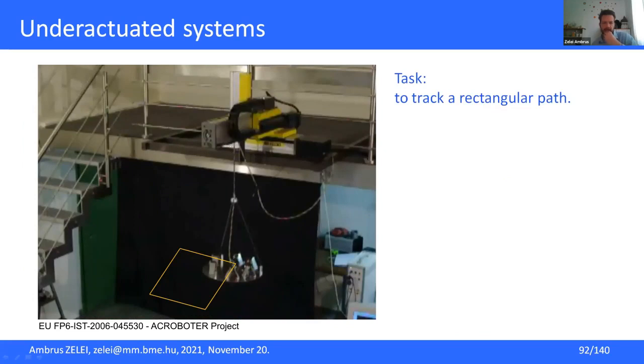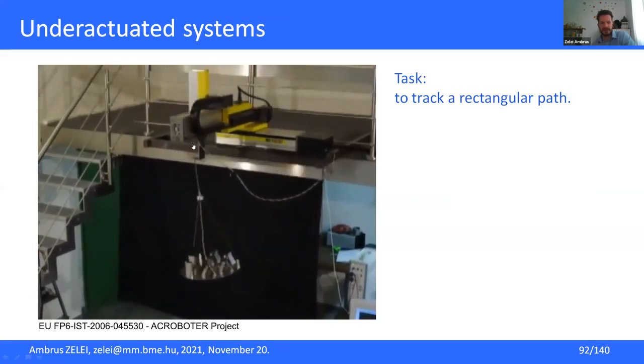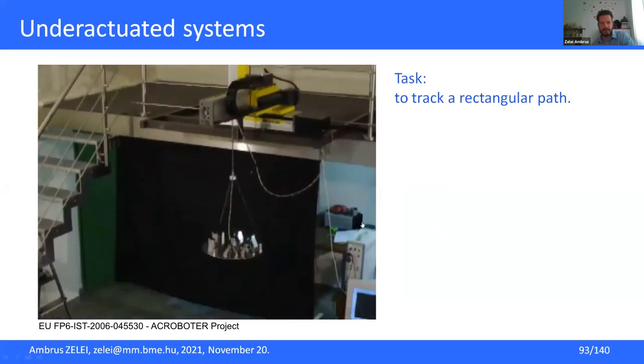We just project this square up to the plane of the upper mounting point, and the robot is just following this rectangular shape and nothing else. You can hear the motors. They just accelerate and decelerate on each side of this rectangle once, and nothing else is done. And you can see that there is a very high oscillation down there. So just once again: acceleration, deceleration, acceleration, deceleration. And you see that it's very seriously oscillating.